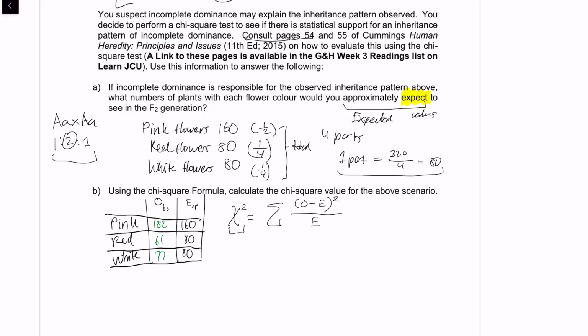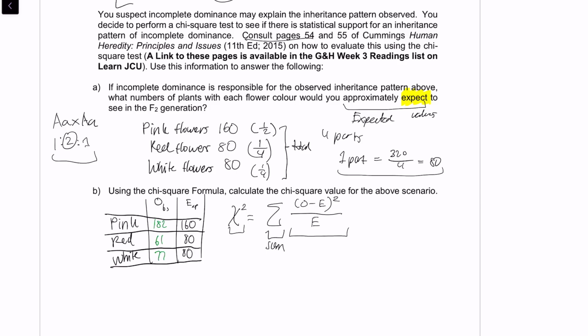Okay, so essentially what that's saying is that we need to calculate every value for this fraction per phenotypic category, all right, and then add them up. That's what this sum means.